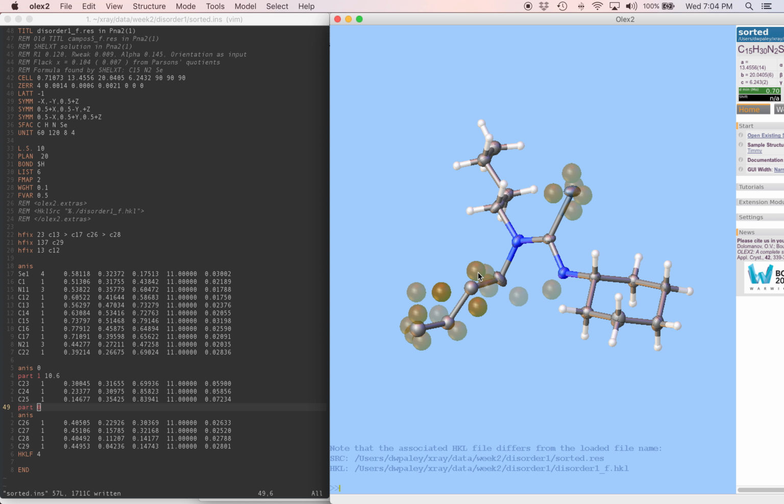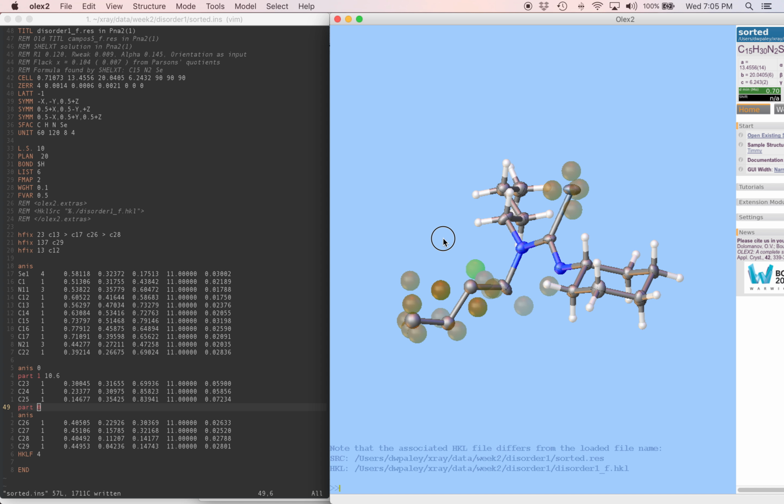There's one more difference feature here. We could wonder if this is the second disordered position of carbon 23, but this other one, first of all, it's a stronger difference feature. It's 1.9 electrons compared to 1.3.